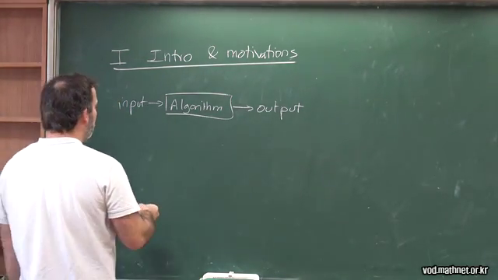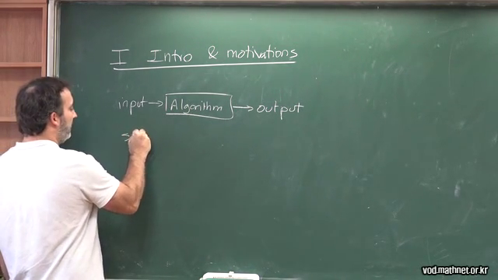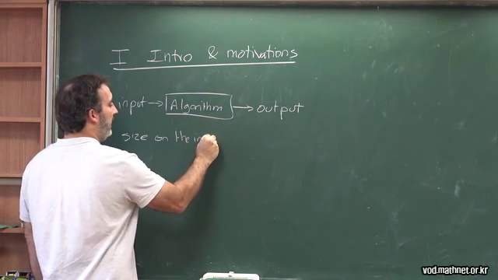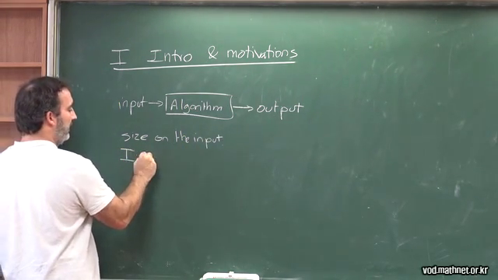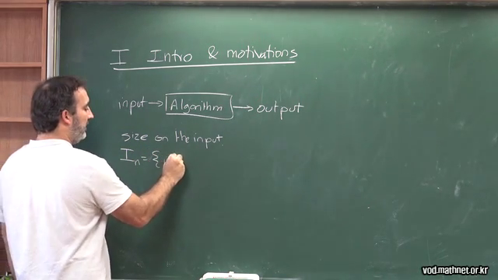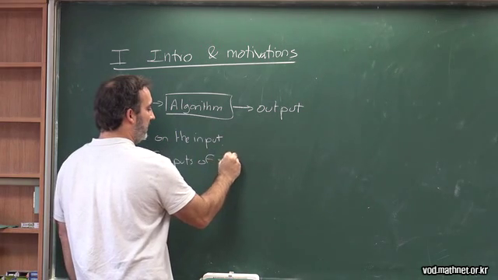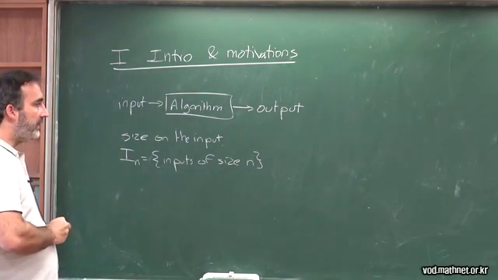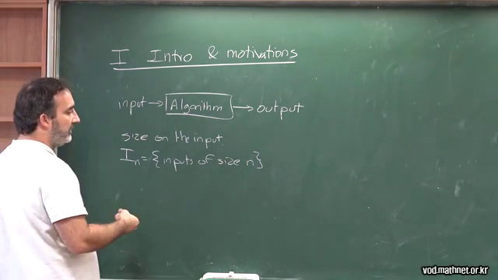So one way to do it is to say, let's fix a size on the input, and let's call I_n the input of length n, of size n. And then I have something that gives me the complexity.